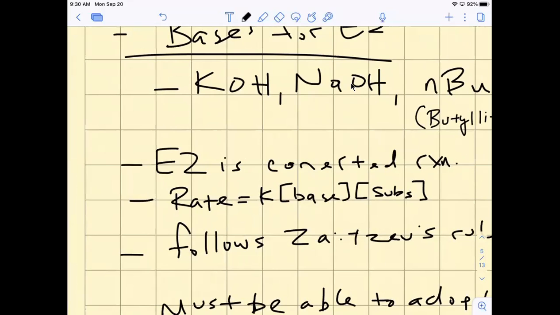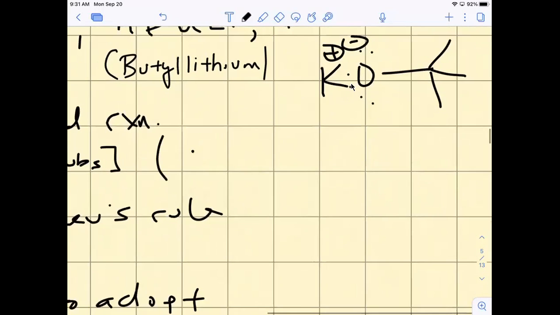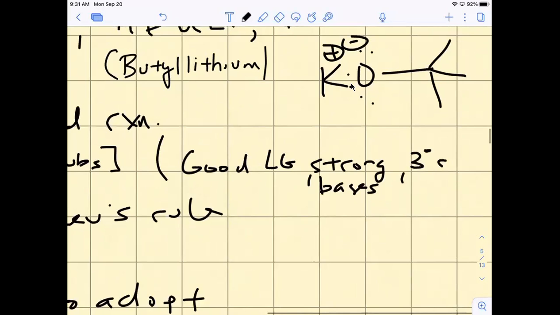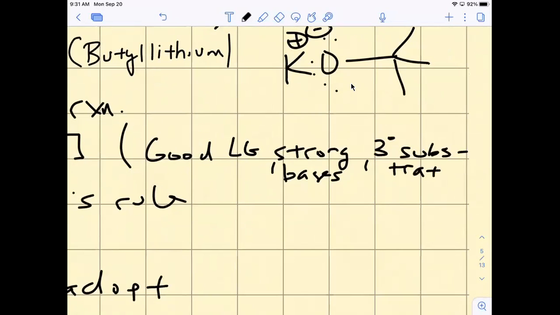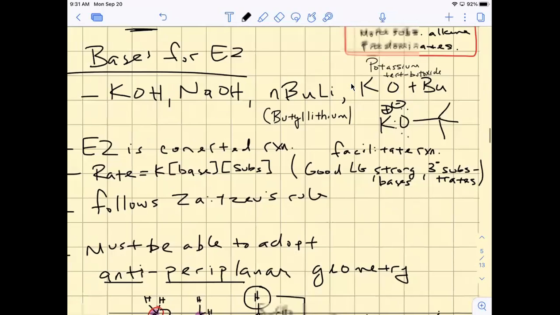And then the way you facilitate it, you use stronger bases, tertiary substrates, which give you more stable products, and good leaving groups, right? Right, all those things facilitate that reaction.